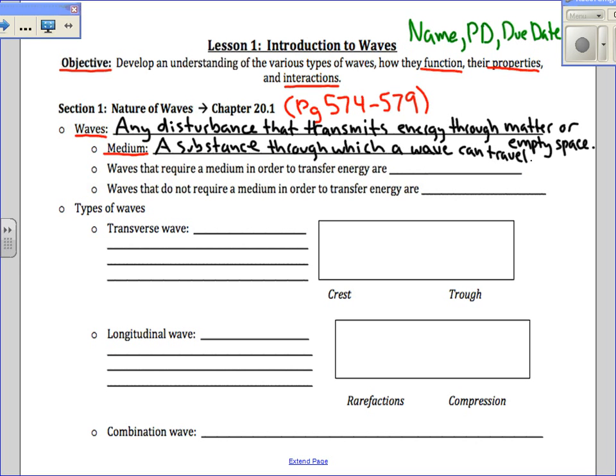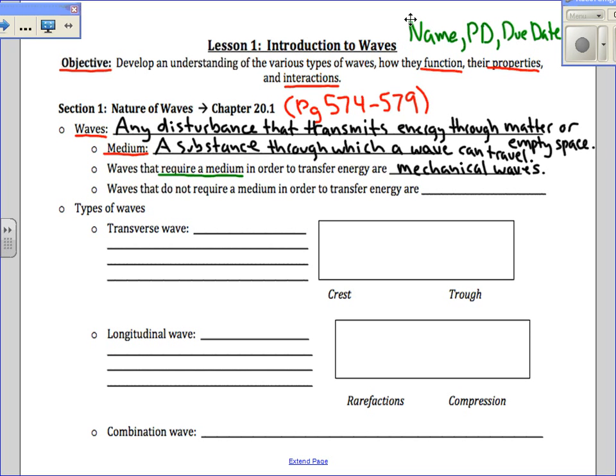And this can include water, air, solids, liquids, or gases. Okay? So waves that require a medium in order to transfer energy are known as mechanical waves.